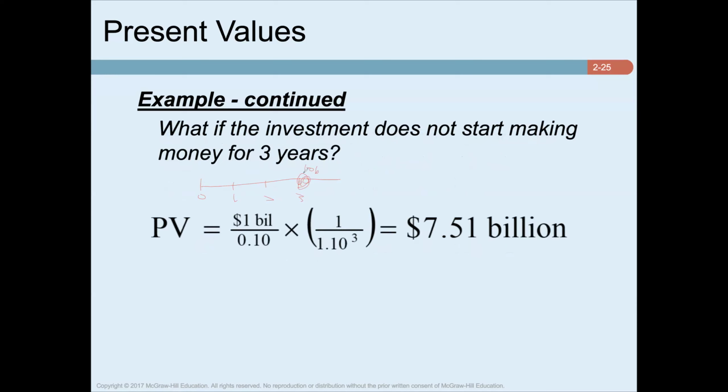So we have to discount this money back to now. So this is $10 billion, and we discount it by 1.1 to the power of 3, back to now. So it would actually be $7.51 billion, okay? Does it make sense? I hope it does.